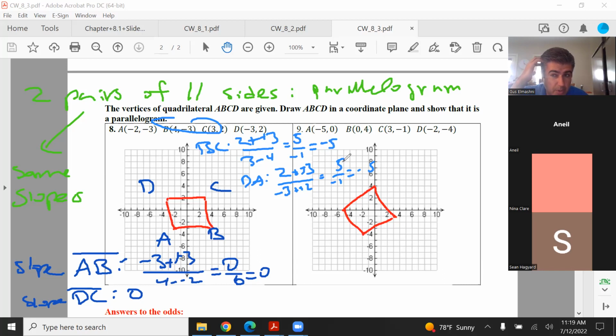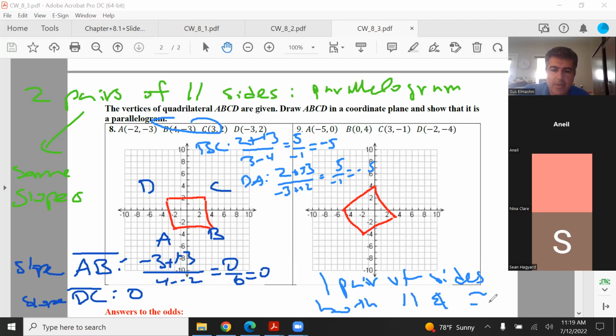You can also do distance too if you want to use the distance formula. It's kind of up to you. Actually, another way you could do it is if you have one pair of sides that are both parallel and congruent, then that would also be good enough, because then naturally the other two sides will be parallel and congruent.